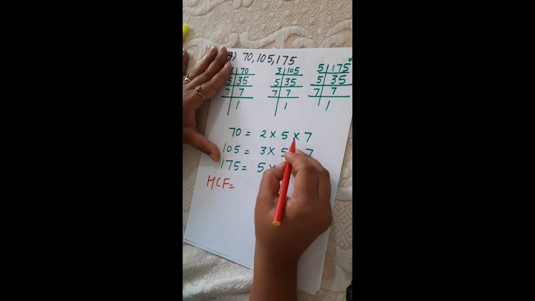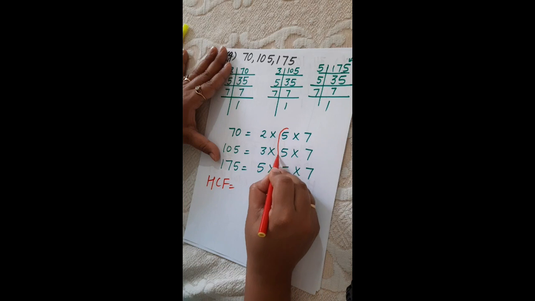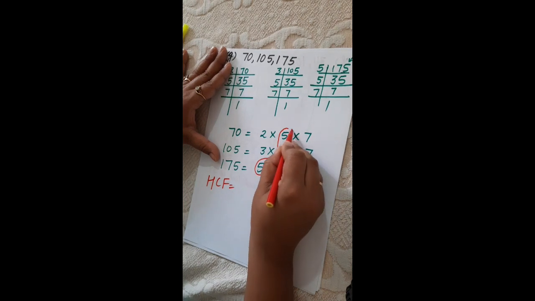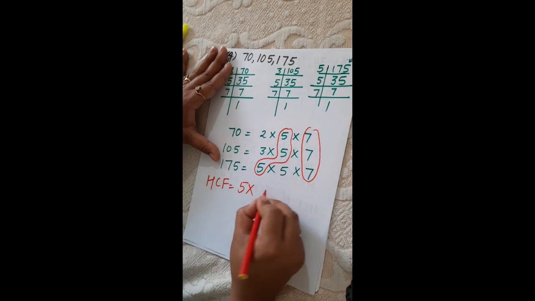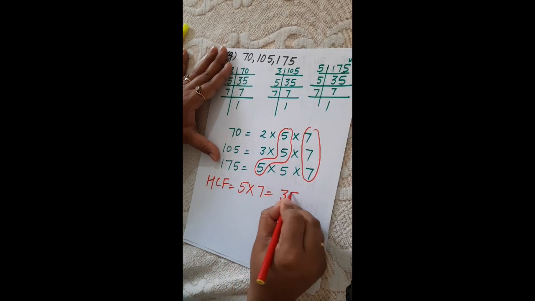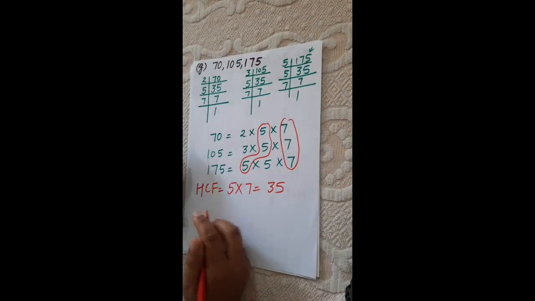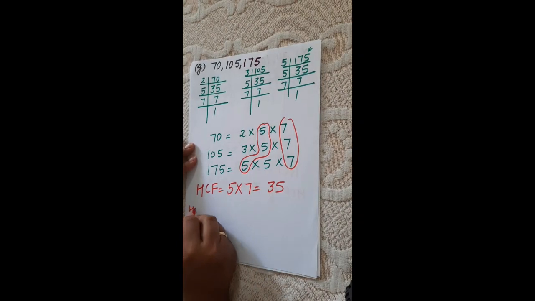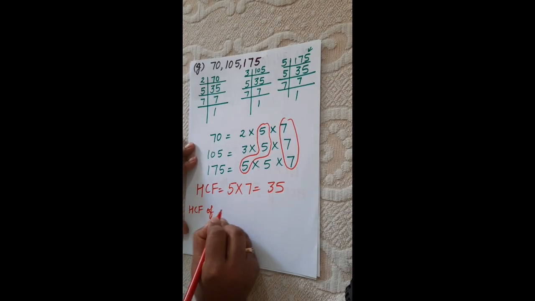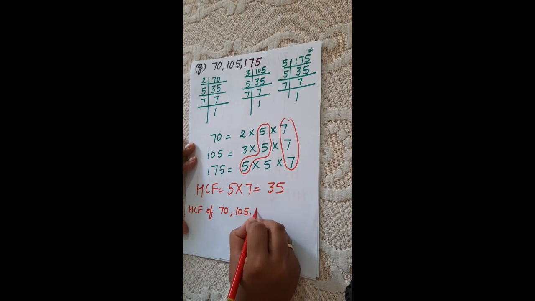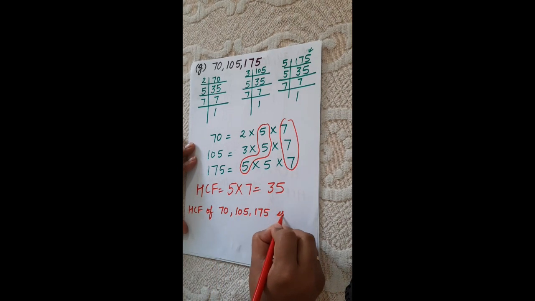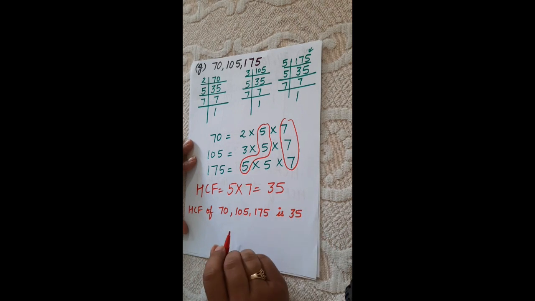So your first common factor is this 5, this and this one. 5 into, next is this 7. So 5 7s are 35. So the highest common factor of 70, 105 and 175 is 35.